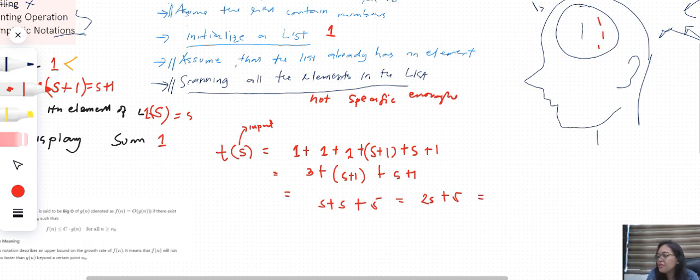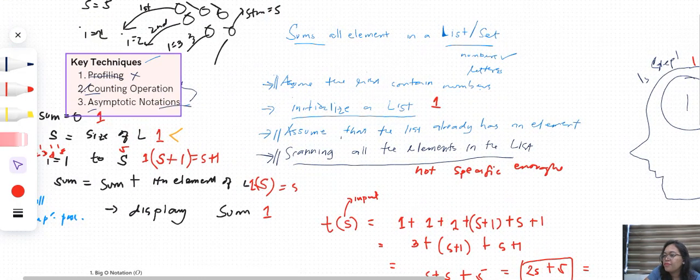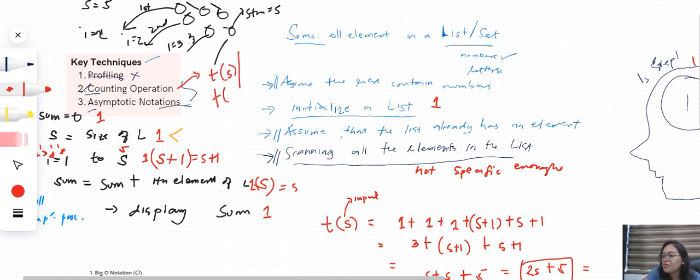So the T of S for this algorithm that we created is 2S plus 5. So this is technically the counting operation that we did. Counting operation is just finding your T of S, or in common terms, T of n.